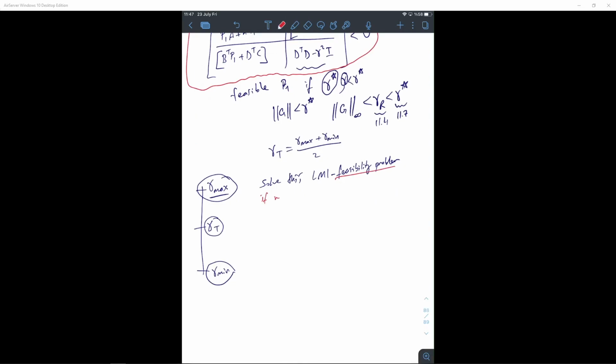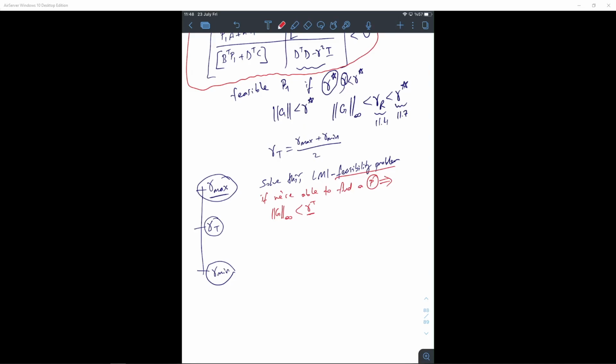If we are able to find a P, that means gamma t is really an upper bound.